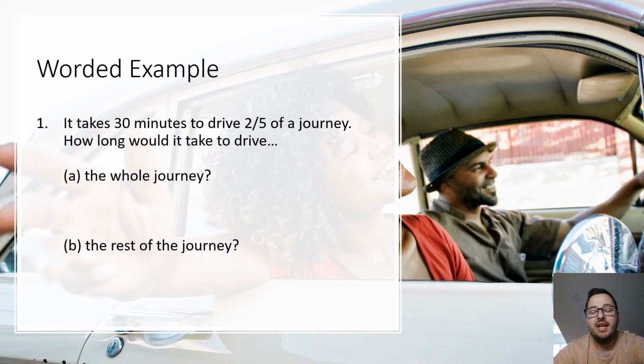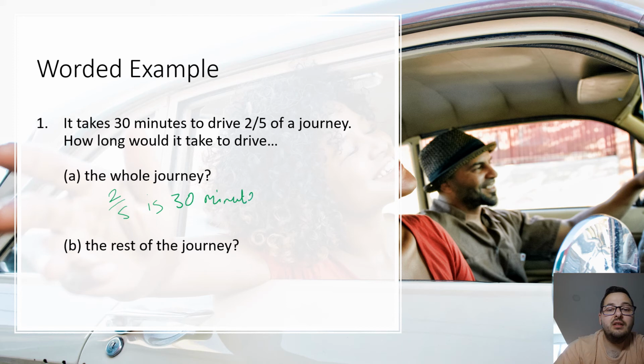So number 1, it takes 30 minutes to drive 2/5 of a journey. How long would it take to drive the whole journey? Okay, so we know that 2/5 is 30 minutes. And we want the whole journey, which is 5/5. So the first thing we do is find 1/5.